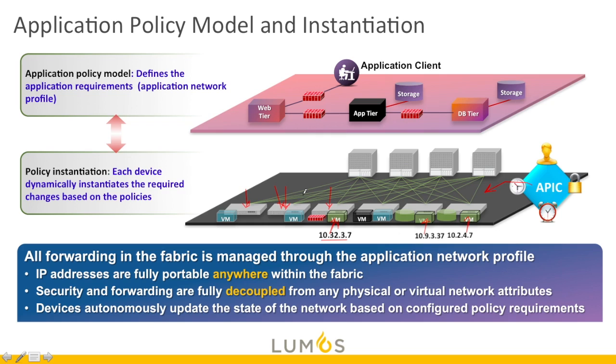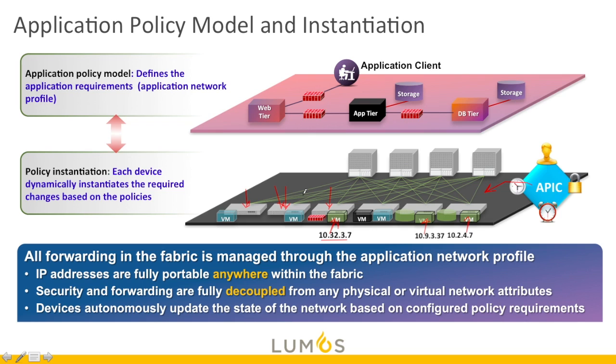If you're familiar with the Nexus 7000, think of the TCAMs: if you have a VLAN that does not exist on a specific line card, that line card will not get any TCAM entries for that VLAN because it doesn't need it. Same thing with these leaves. They will not get forwarding entries. They will not get ACLs. They will not get any sort of network information for a tenant or a virtual machine if that virtual machine does not exist on that leaf.